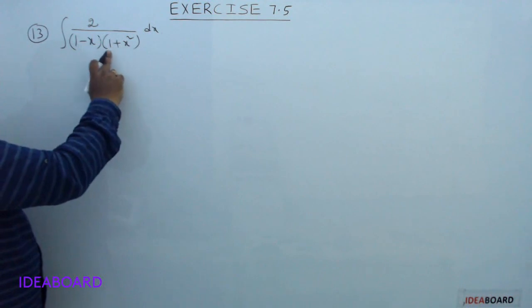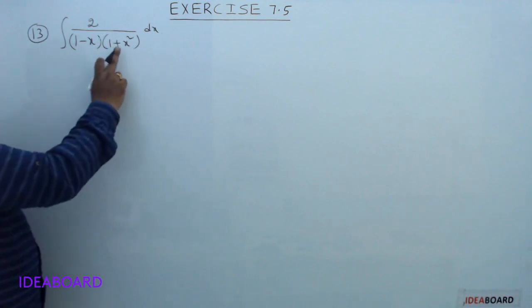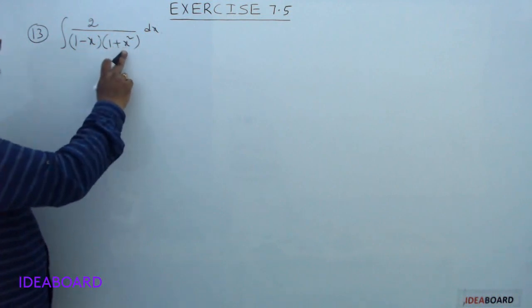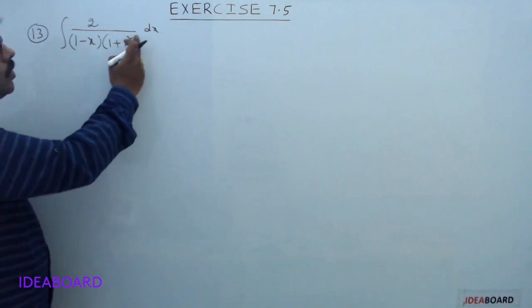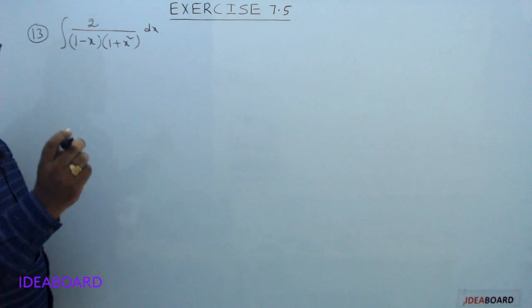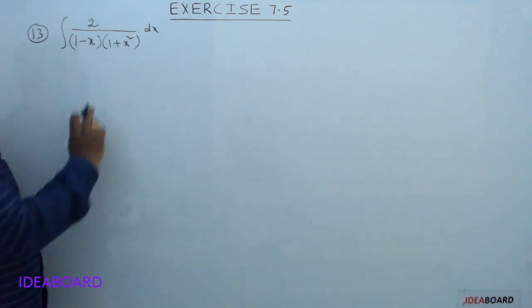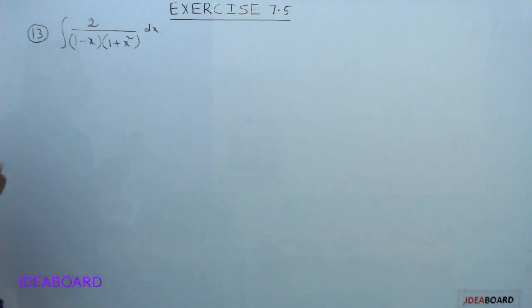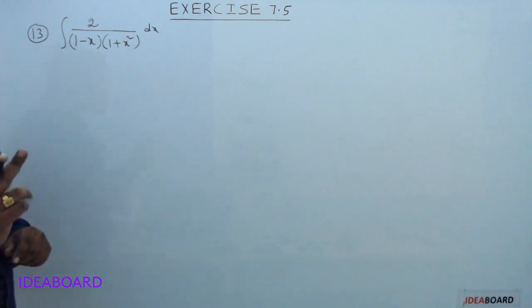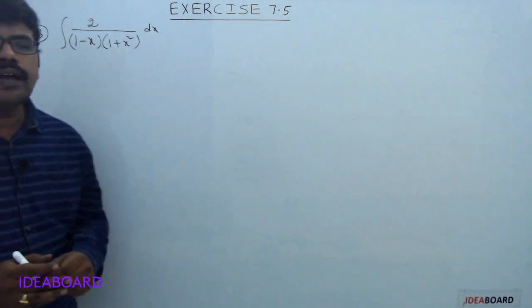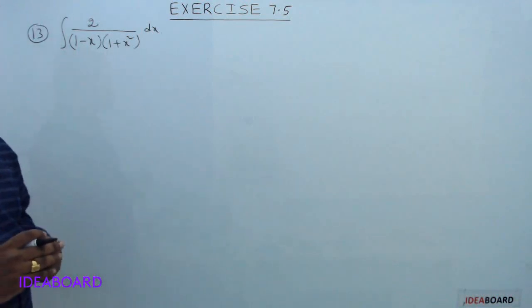Then 1 plus x square is an irreducible quadratic factor, because if you calculate the discriminant of this expression, you definitely get a negative value. So it is called an irreducible quadratic factor. So this problem belongs to type 1 and type 3. It is the combination of type 1 and type 3.